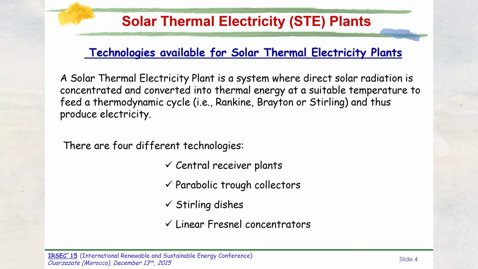So a solar thermal electricity plant is basically an electricity plant where fossil fuels have been replaced by thermal energy delivered by concentrating solar thermal systems. At present, there are 4 technologies. We have central receiver plants. We have plants using parabolic-trough, Stirling dishes, and linear Fresnel concentrators. And now, very quickly, I will show you a picture of each of them.